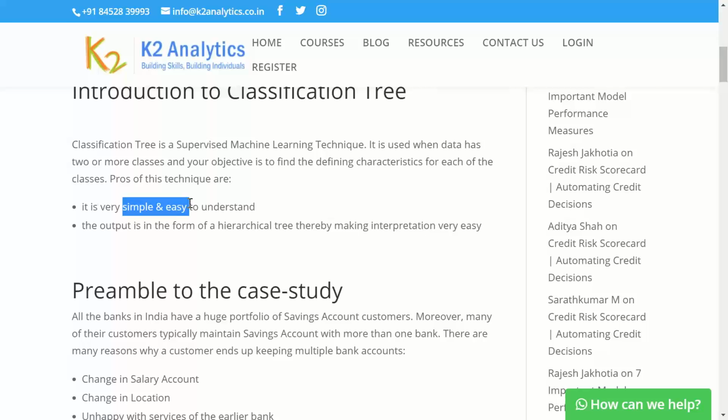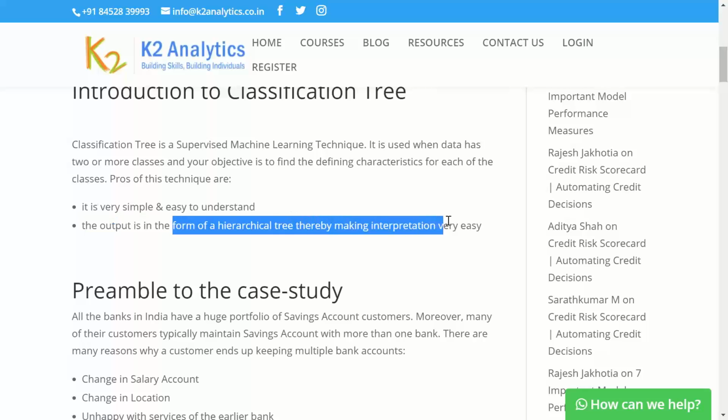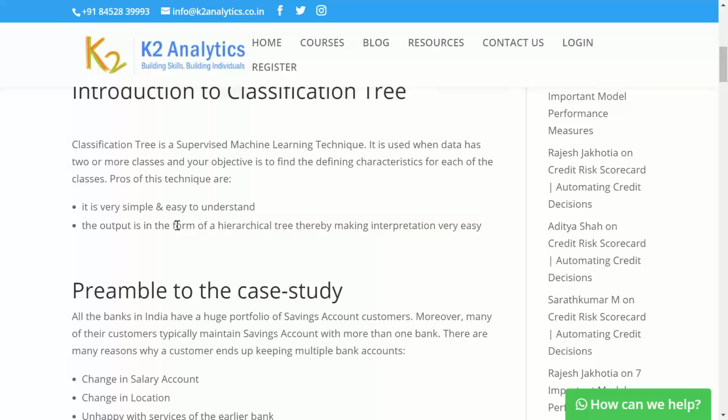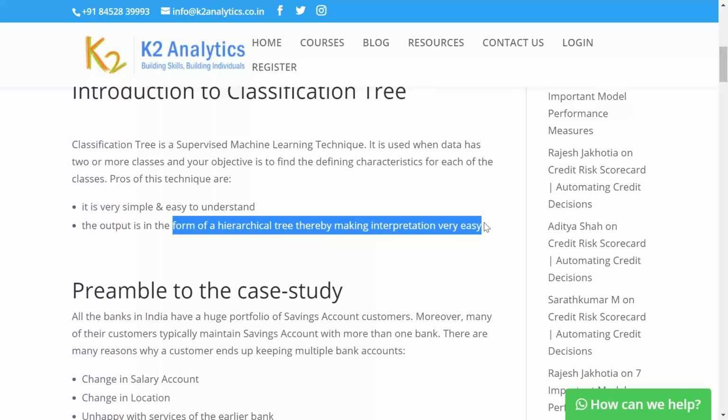The output is in a graphical format in the form of a hierarchical tree, thereby making interpretation very easy. Now, this very positive aspect, the output is in the form of a hierarchical tree, thereby making interpretation very easy, sometimes becomes the con of this technique also when the hierarchy tree is very long.